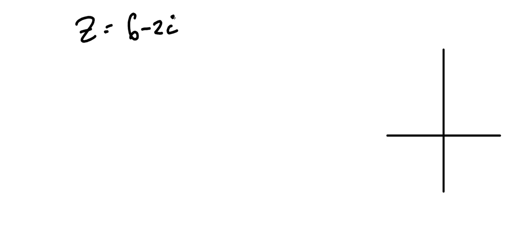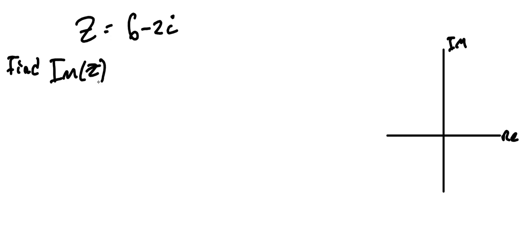Let's use our graph real quick. Let's set it up so we can use it to interpret our answer. Essentially, what they can ask you is to find Im of z, or they can ask you to find Re of z. It's not saying anything about z as a function.